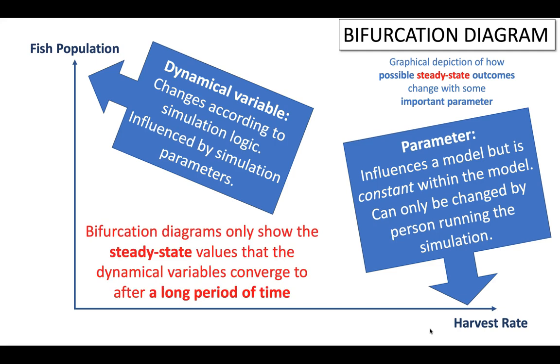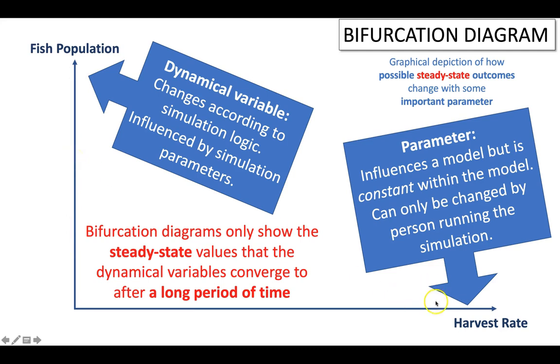So a bifurcation diagram is designed so that it will only show the steady state, so the long run behaviors of the dynamical variables for each parameter choice. And so we've got parameter choices on the x-axis, and we've got the steady state values on the y-axis, so the things that can happen over long periods of time.